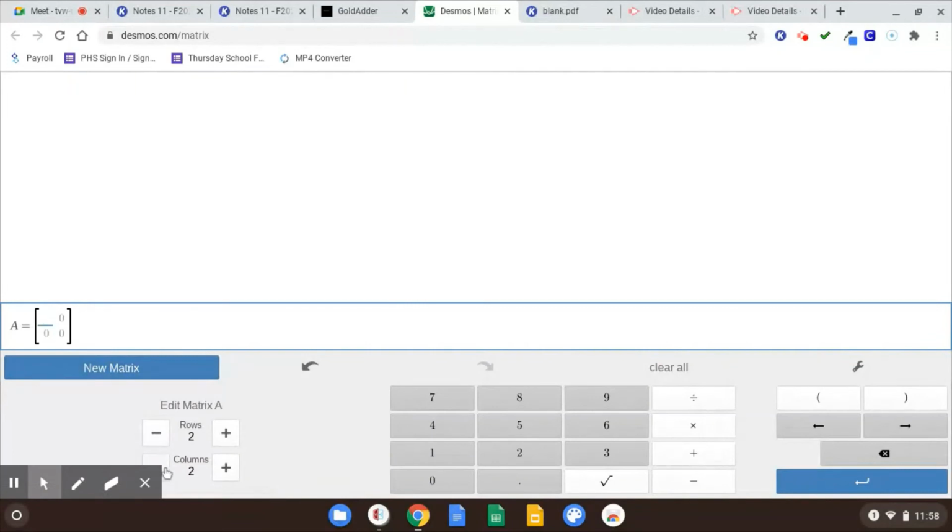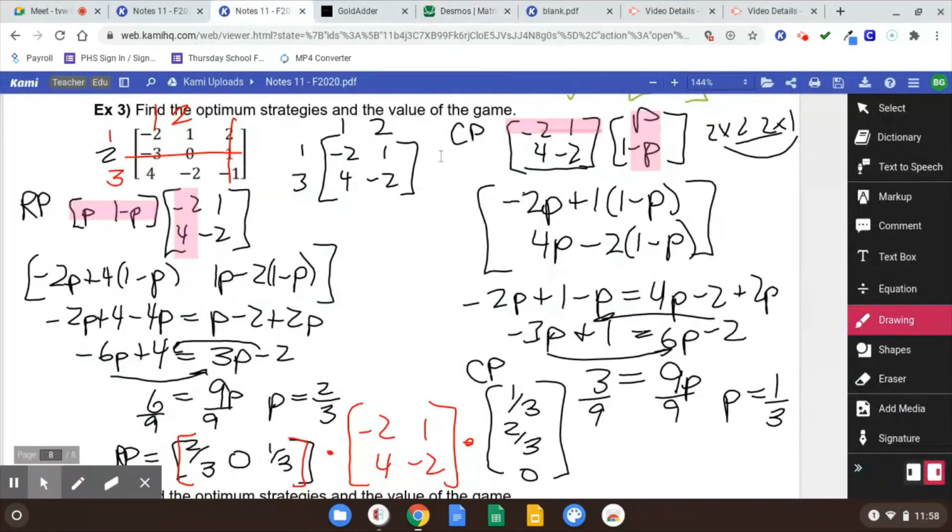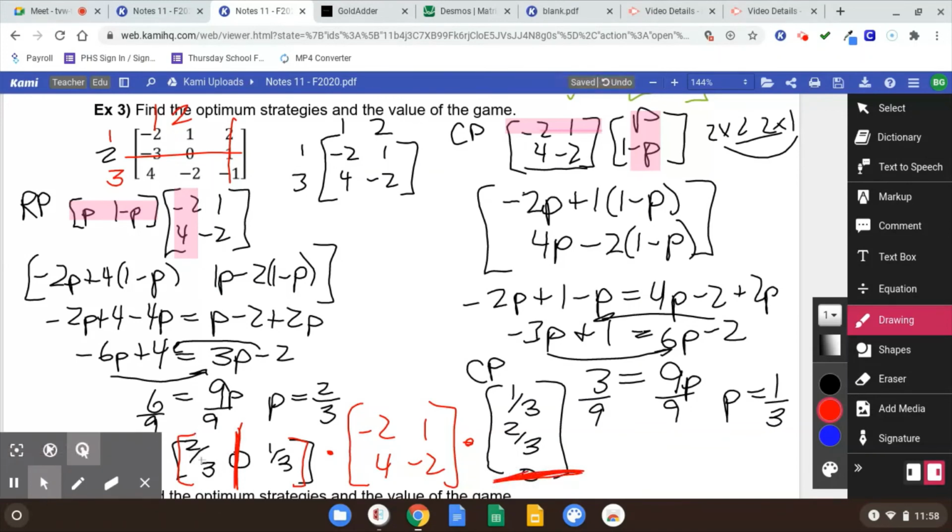Now we're going to have to enter this as a 2 by 2. And the reason why, if you look at it, this is a 2 by 2, so making this a 3 by 1 or a 1 by 3 isn't going to make any sense. So let's ignore that 0 there. Maybe I shouldn't have even put it in there. Just ignore that and ignore that. So we want a 1 by 2.